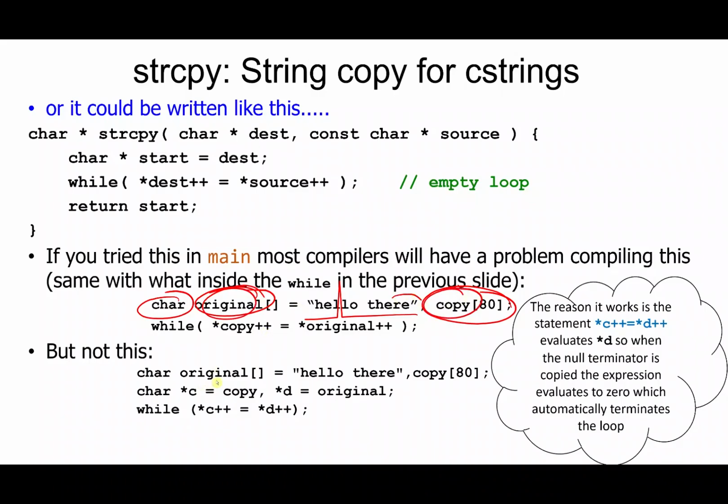If you made copies of these, like new pointers, and you worked on the new pointers, this is going to be okay. Why is this going to throw you an error? Because you're asking the compiler to participate in ruining the two arrays. What do I mean by ruining the two arrays? Because you're advancing the actual pointers, copy and original, if you're thinking of these two as pointers, right?